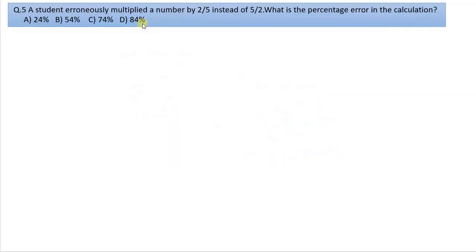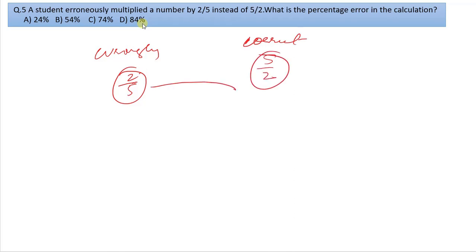Question number 5, we have: a student erroneously multiplies a number by 2 by 5 instead of 5 by 2. What is the percentage error in the calculation? Here, a student multiplied wrongly by 2 by 5, but he was supposed to multiply by the correct one, which is 5 by 2. The difference between these will be the error.